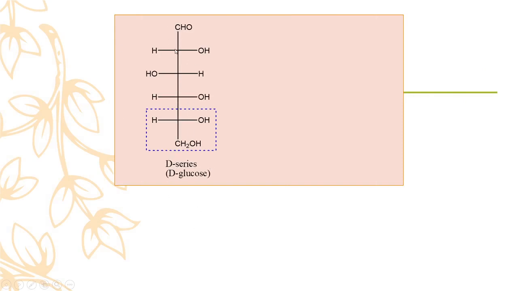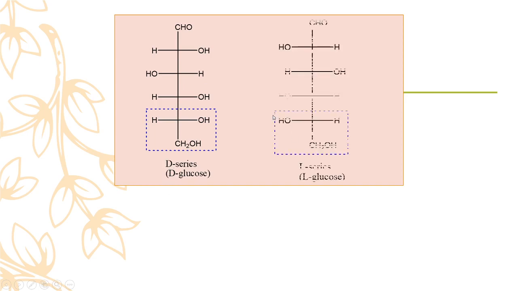Glucose is a 6-carbon sugar molecule, and here the penultimate functional group is present on the right hand side. Hence here we write this is the D series or D-glucose, and where the OH is on the left hand side, this is L-glucose.